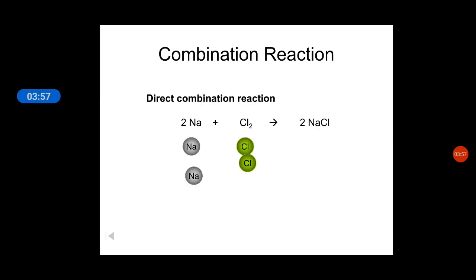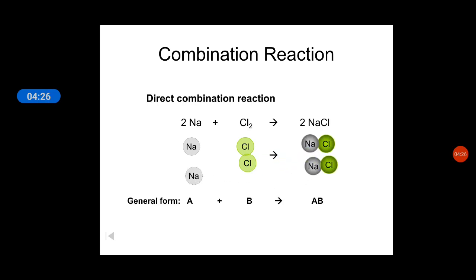Now let's come to the combination reaction, the direct combination reaction. I'm taking the example of Na2 plus Cl2, which gives rise to 2NaCl. Here 2 molecules of Na and 2 molecules of chlorine are given, and when they react, the Na combines with chlorine and forms NaCl. We get 2 molecules of NaCl.